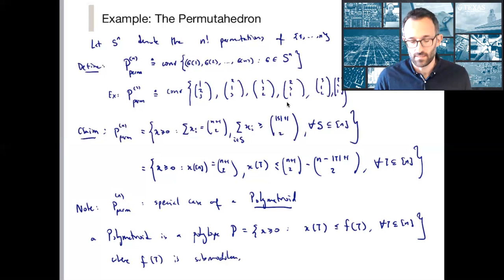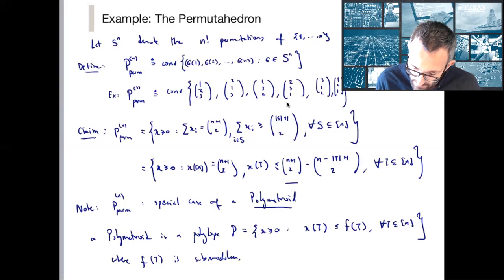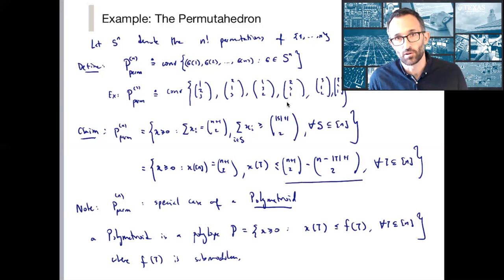So to check that the Permutahedron is indeed of this form, we just need to check that this function is indeed submodular.